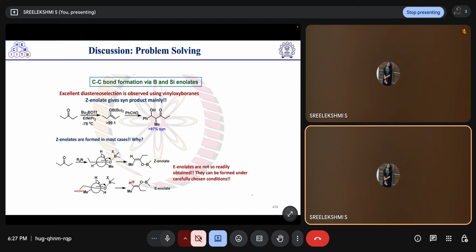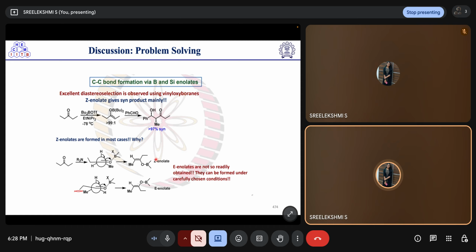Because if we see this transition state, this is represented like this. So this boron will coordinate with this oxygen, and this is the formation of Z-enolate.